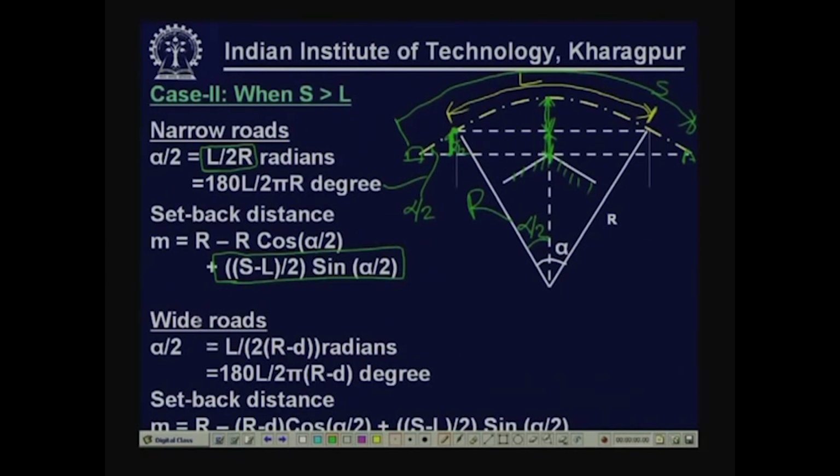So, in this case the setback distance is, say O to A, this is B, this is C. So, how we are calculating? OA minus OB, that is r minus r cos alpha by 2.